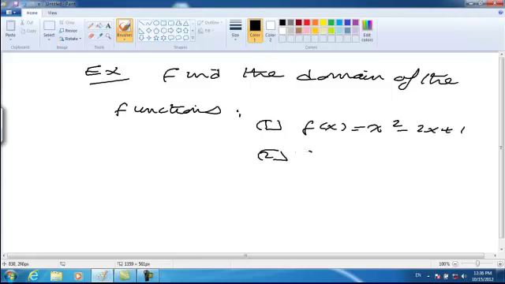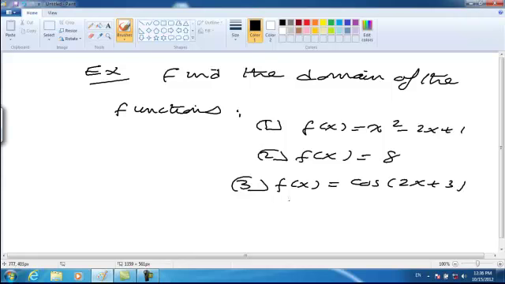Number 2, f of x equals 8. Number 3, f of x equals cosine 2x plus 3. Number 4, f of x equals x divided by x minus 3.